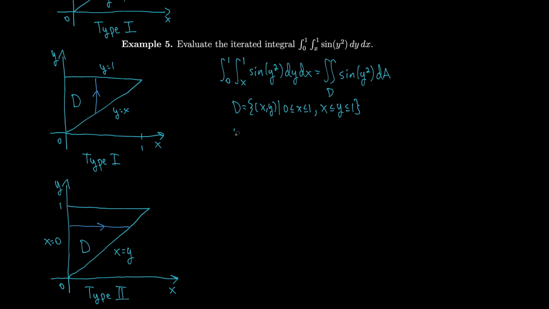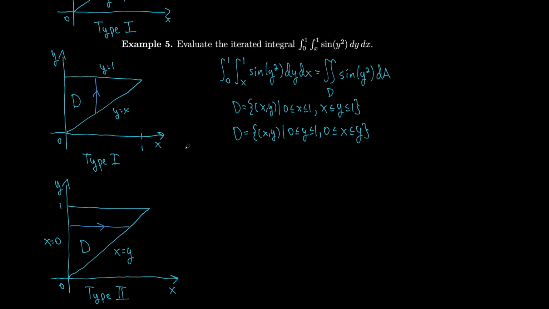So I can rewrite D equal to the points x, y, such that y is now between constants 0 and 1. And x is between functions of y. On the left, it's x equals 0. And on the right, it is x equals y. Okay, cool.